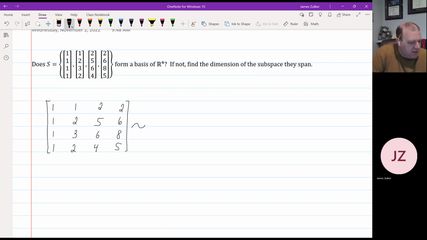So we RREF this. What we would like to get is the identity matrix. If we get the identity matrix, then it has only the trivial solution and thus is linearly independent. Okay, so we get this.